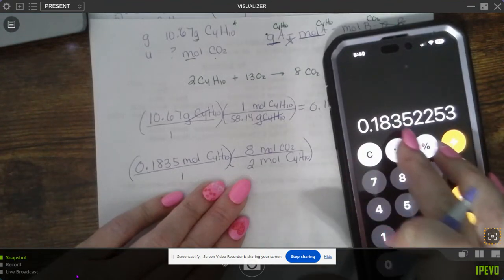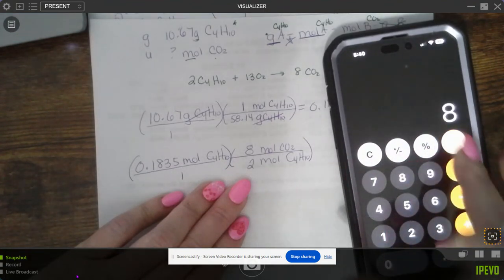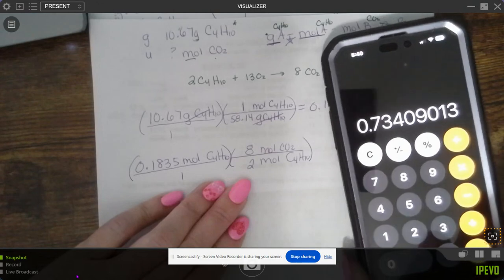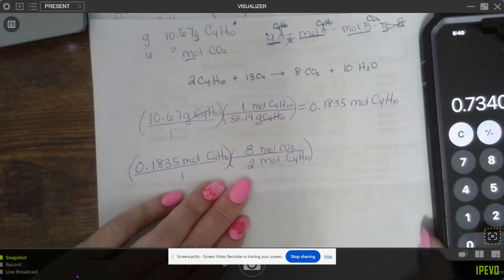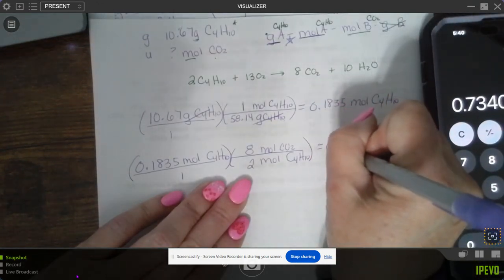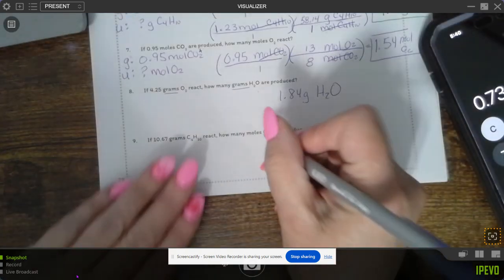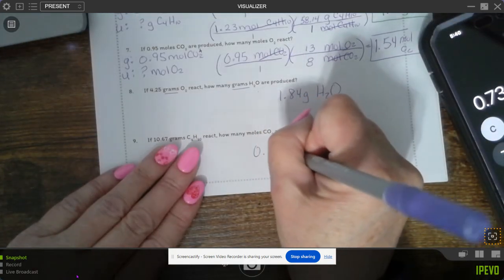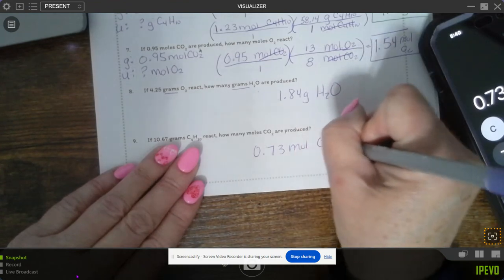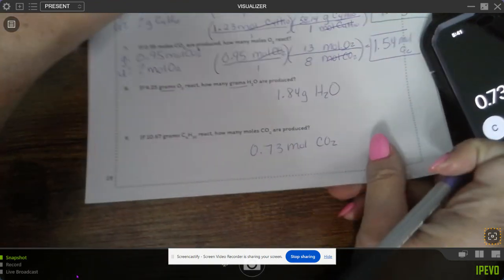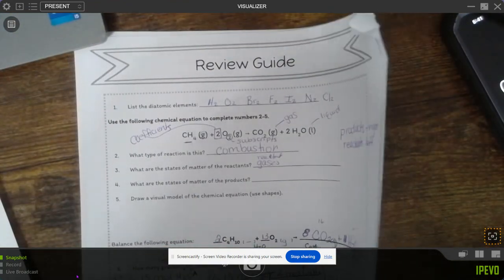So I'm going to take my number times 8 divided by 2. And this is my final answer, so I'm going to round that to 0.73 moles of CO2. Okay, so let's write this here, 0.73 moles of CO2.